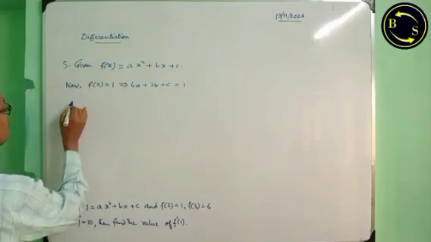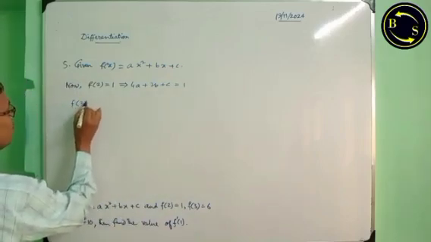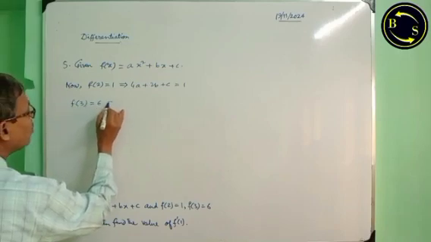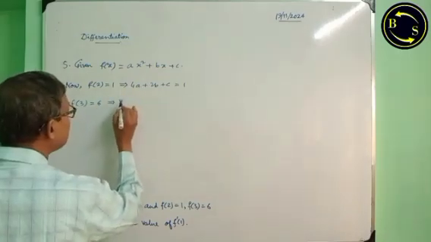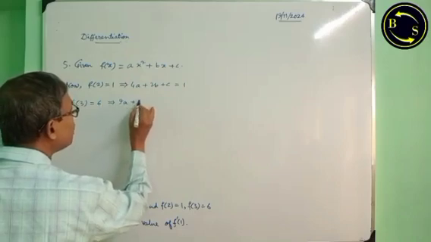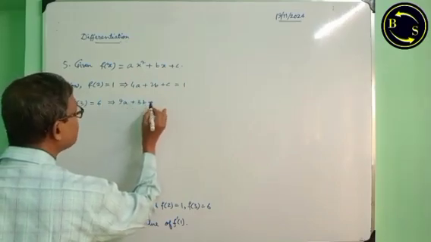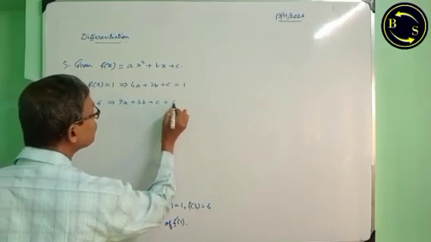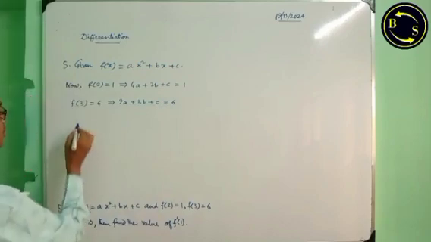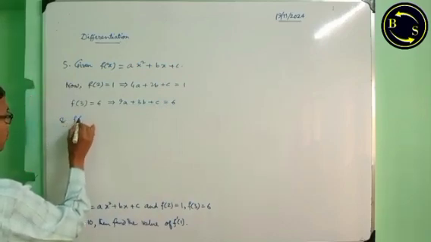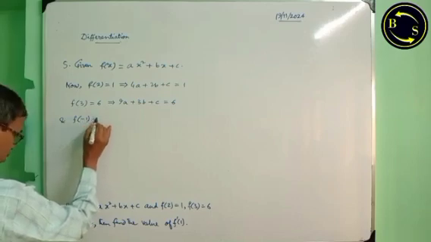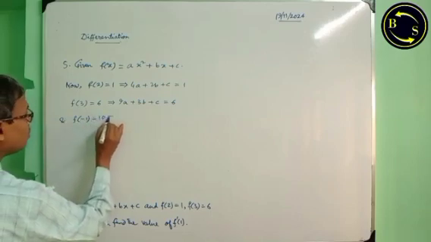f(3) equal to 6, we put x equal to 3: 9a plus 3b plus c equal to 6. Then f(minus 1) is equal to 10.